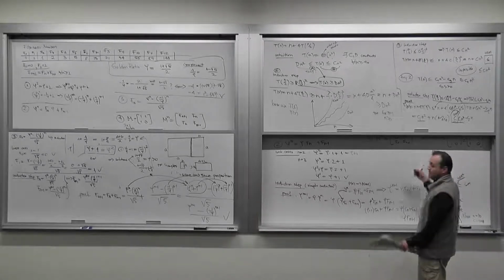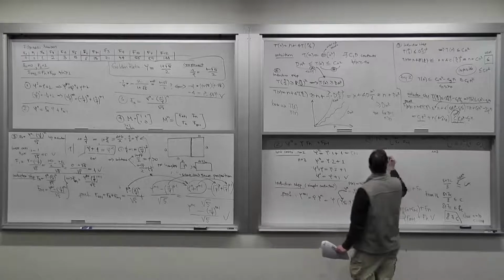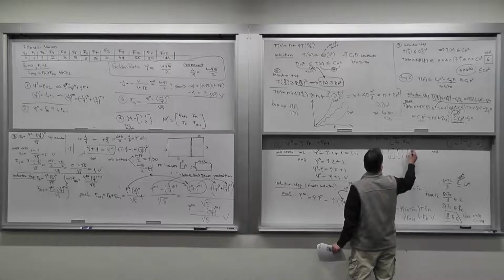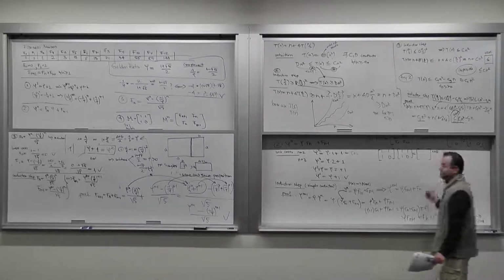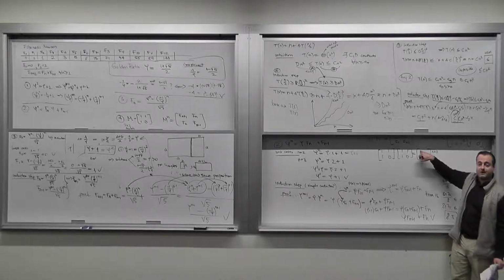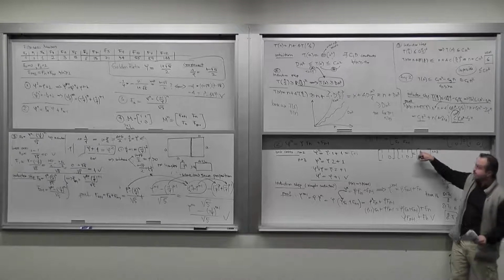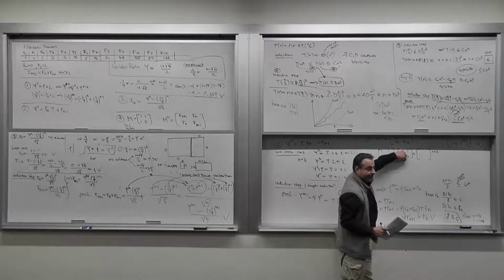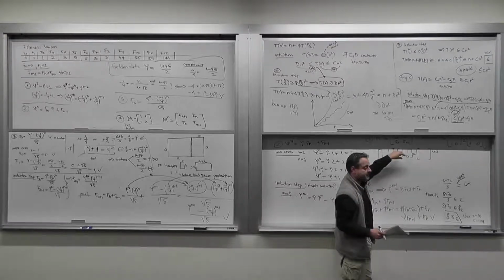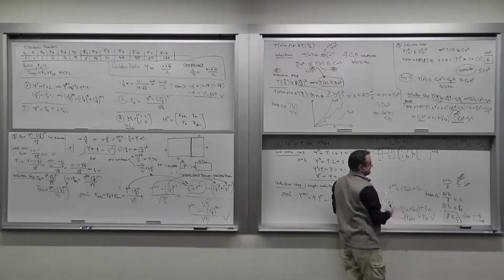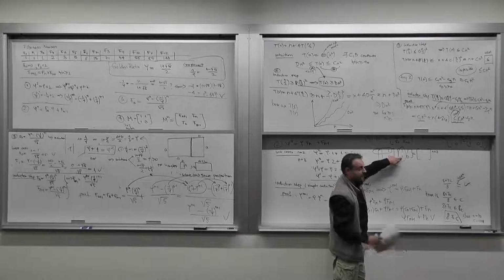What would this be? How do I get it? 1, 1, 1, 0 times itself. Do you guys remember how to do this? The element in position 1,1 is row 1 times column 1. So I do row 1 from the first matrix times column 1. That's a dot product, so you multiply everybody and add them up. How much is 1, 1 times 1, 1? 1 plus 1, which is 2.